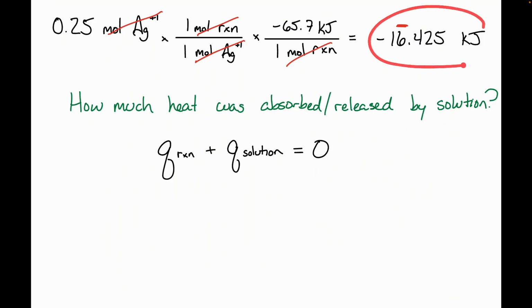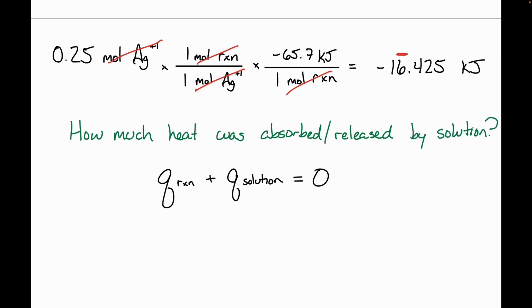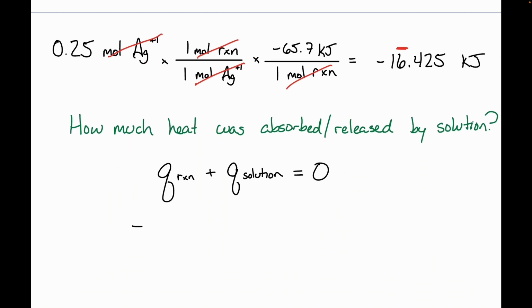All right, that negative 16.425, which one was that? Our Q reaction or our Q solution? That's our reaction, right? That's considering how much, if we consume this much silver, how much heat will be released. So that's our reaction right there. So that plus our solution has to equal 0.